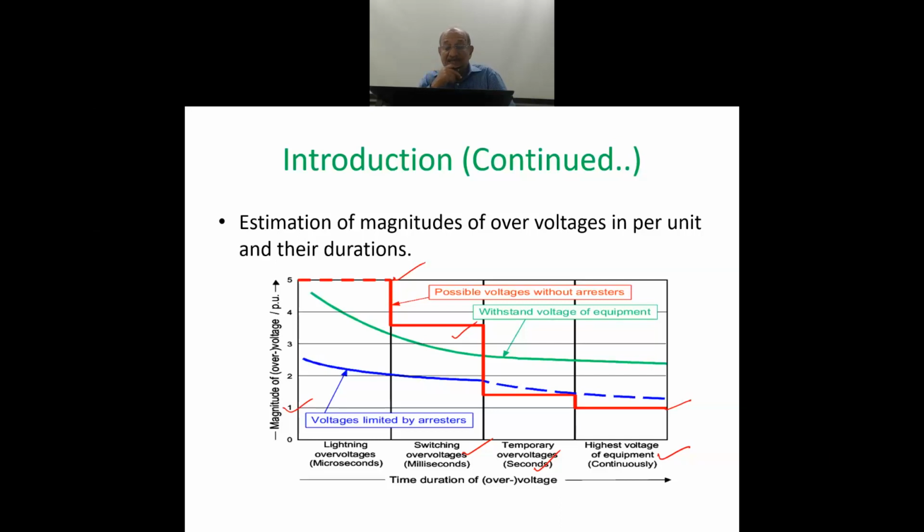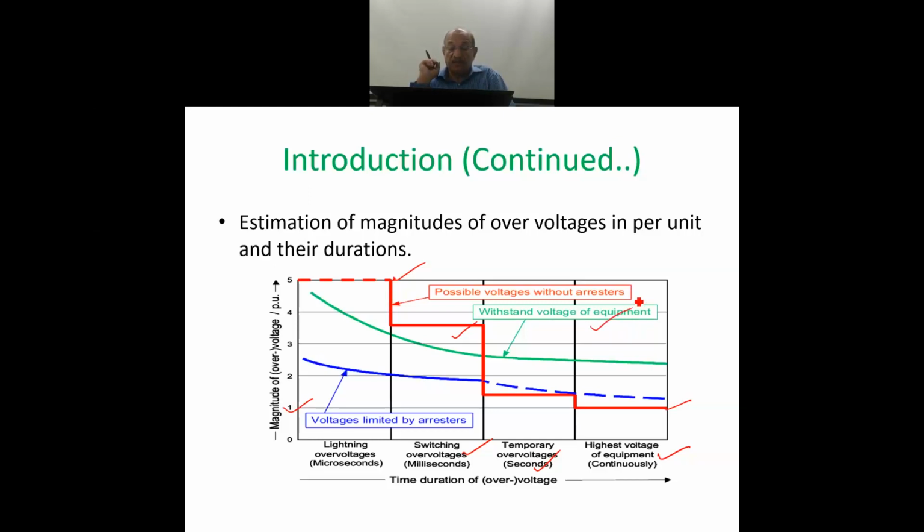And these are the real or actual voltages which may be generated. To overcome these voltages, two methods are applied. One, as you can see, the green line here, is the withstand voltage of the equipment or the network.